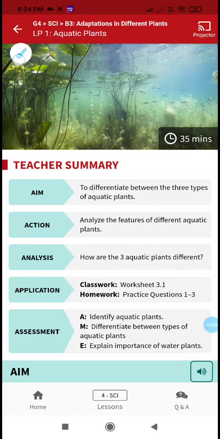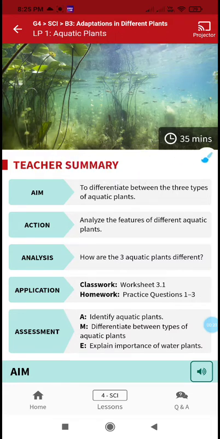In the last class, you learned about terrestrial plants, different landforms and their uses, and the adaptations shown by the different plants which grow on terrestrial areas, right? Here in block 3, you are learning about the plants which grow in water.